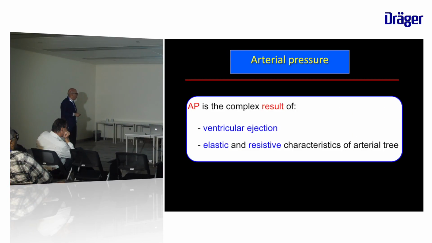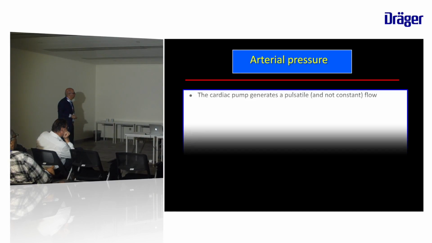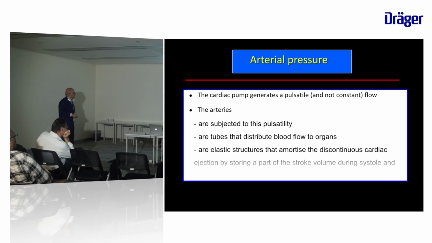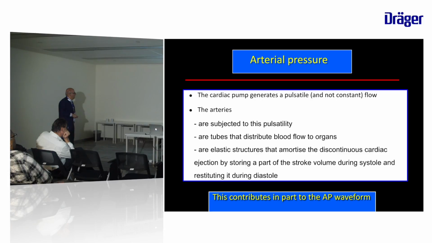The arterial pressure is the result of the ventricular ejection and the elastic and resistive characteristics of the arterial tree. The cardiac pump generates a pulsatile, non-constant flow, and the arteries are subjected to pulsatility.